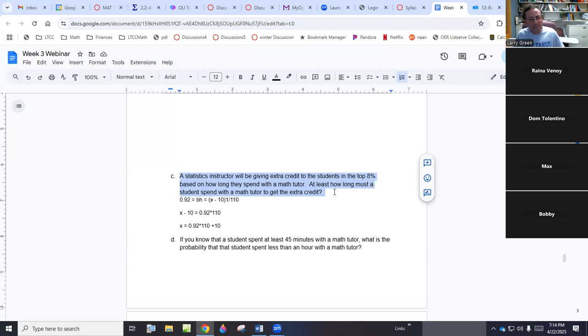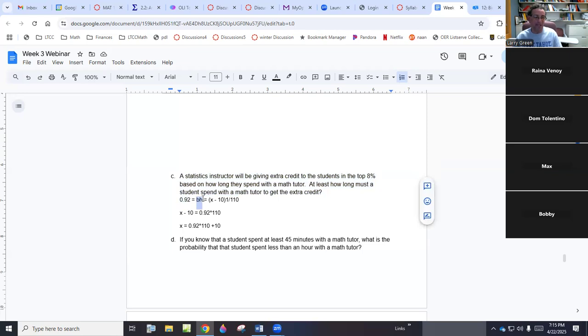Okay, this actually is not that much different from the first quartile example. But now if you're in the top 8%, that means 8% are above you. If 8% is above you, how much is below you? Yeah, 92%, or 0.92 as a decimal. And we do the same thing.